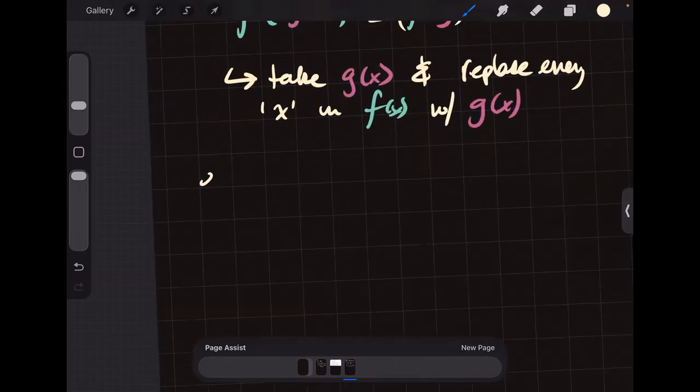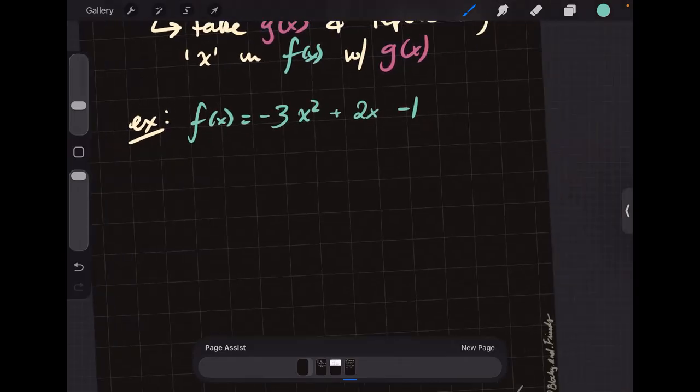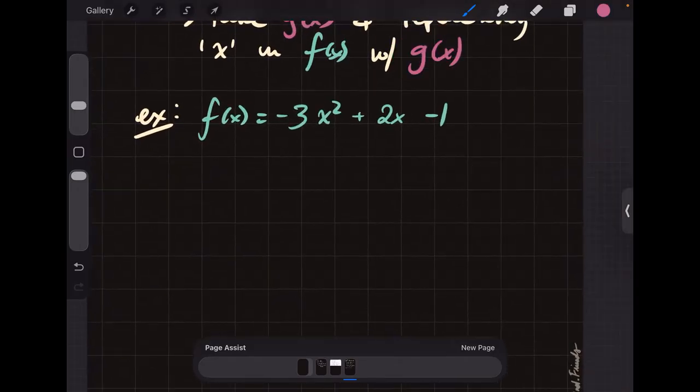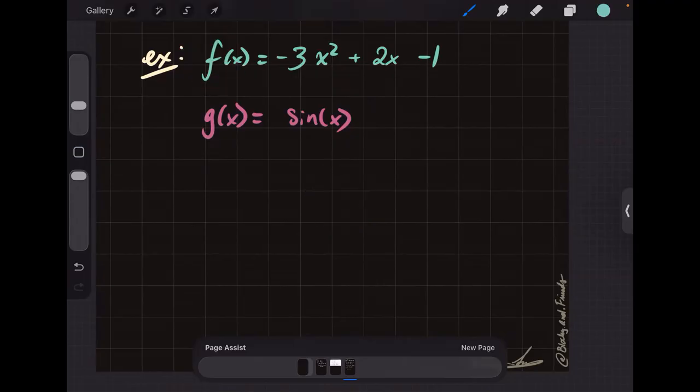So, for example, let's say f of x is equal to negative 3x squared plus 2x minus 1, and g of x is equal to sine of x. Then f of g of x is equal to negative 3.